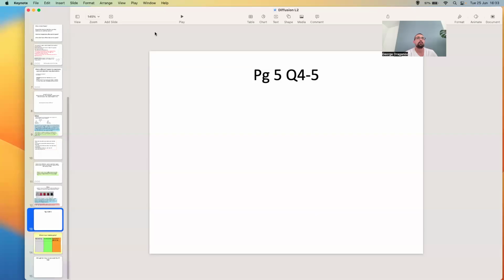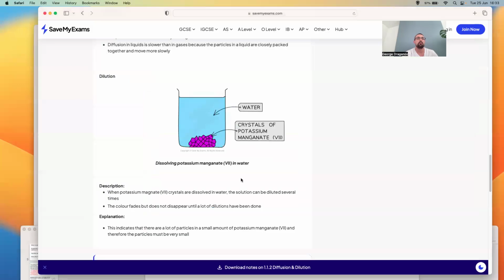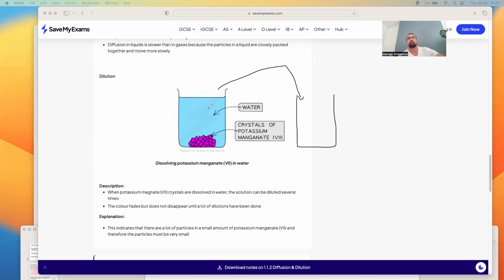That completes this part. Now, just to check these notes as well, here we have potassium manganate crystals dissolved in water. The solution can be diluted several times. So what that means is, if I dissolve these crystals in this volume of water, and I pour a bit of it in here after the 4 hours have passed, it's going to have some sort of shade of purple.